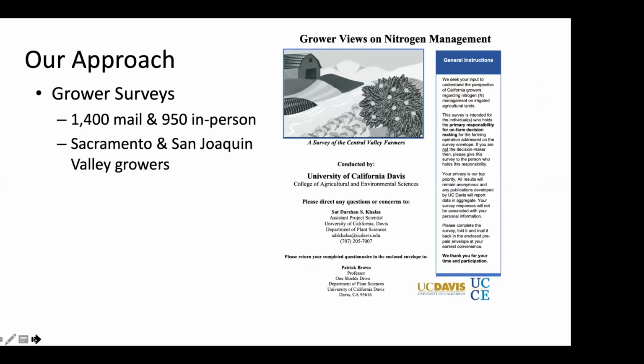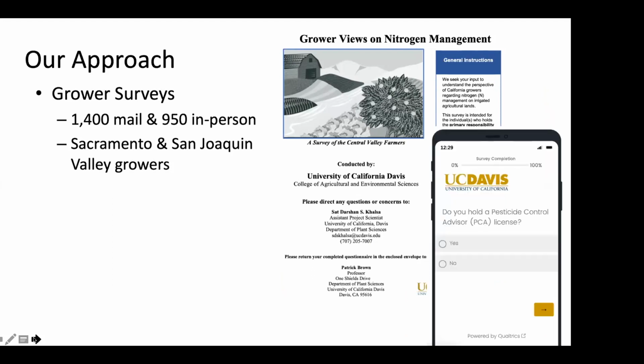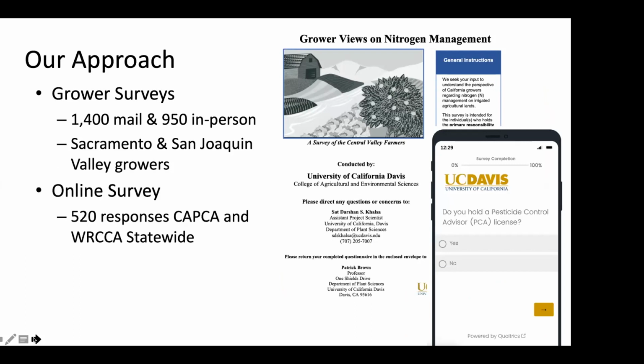So our overall general approach is that for growers, we did a number of mail surveys and in-person surveys. This was both in the Sacramento and San Joaquin Valleys. And then earlier this year, we launched an online survey where we targeted CAPCA membership and Western Region CCA membership. This was statewide, where we got over 500 of you all who filled out the survey. So thank you if you did participate.